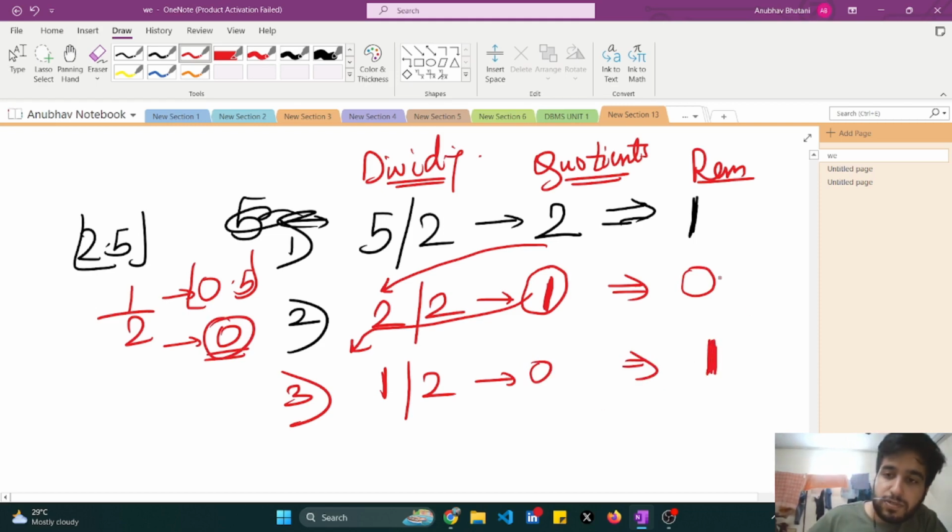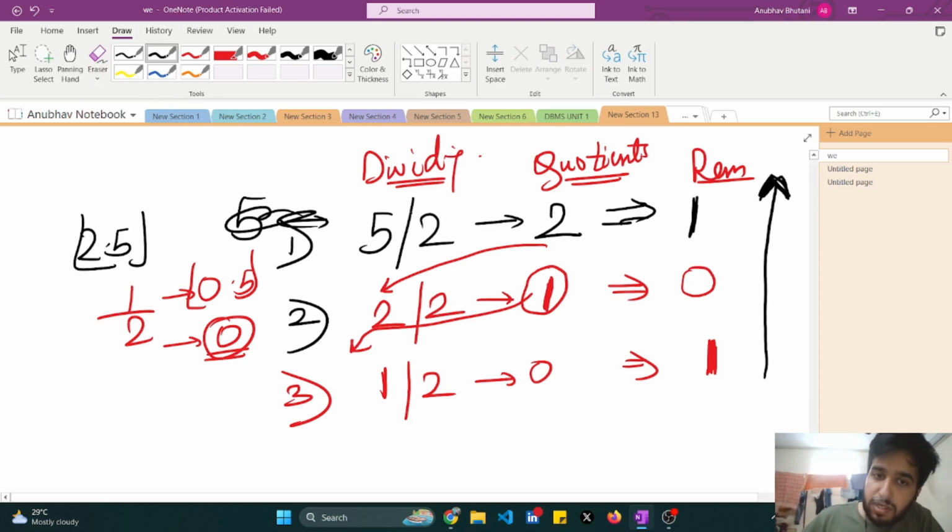Okay. So for getting my representation, I have to take all the remainders in reverse order. Like we came from the first to the third, but my answer would be in this order.